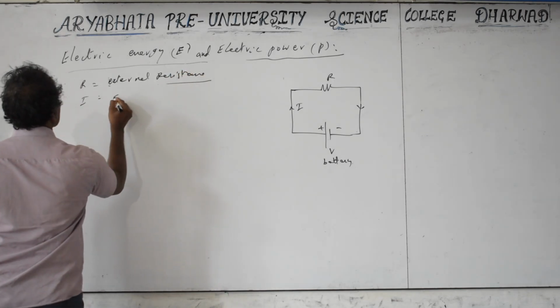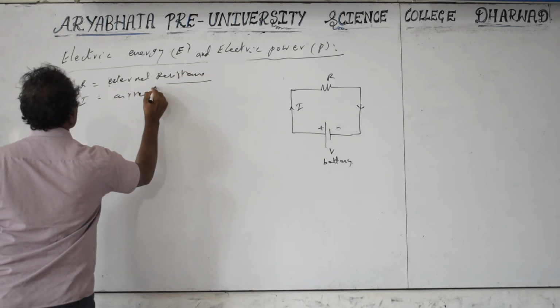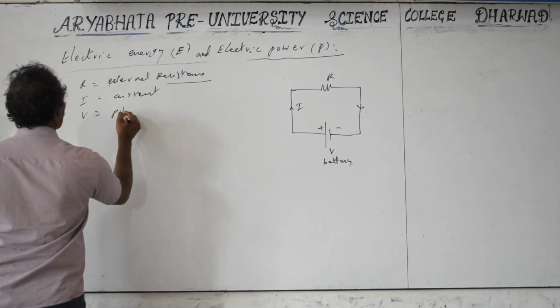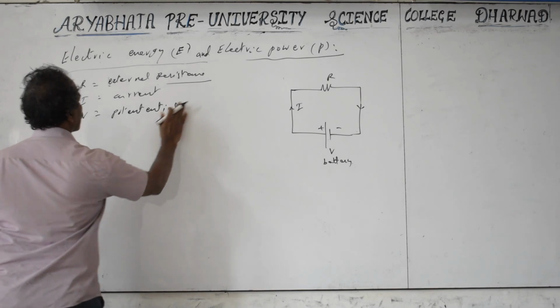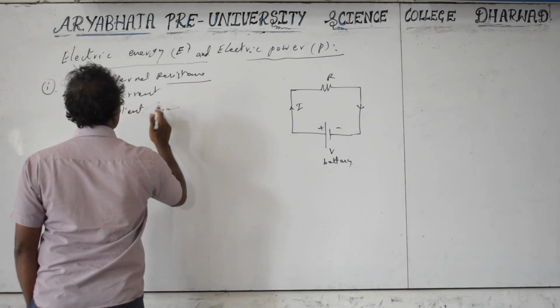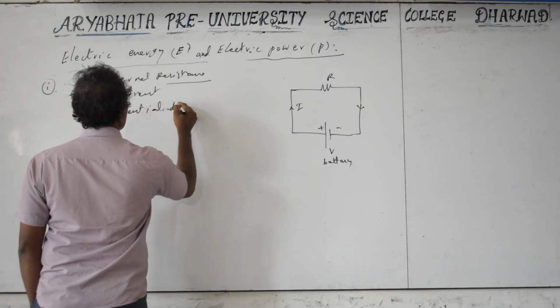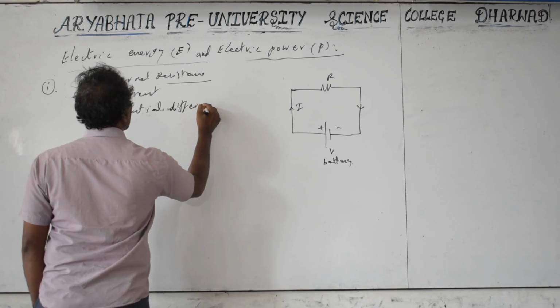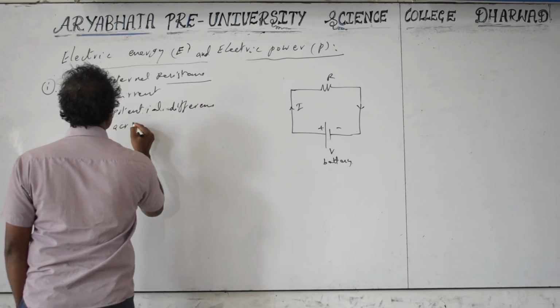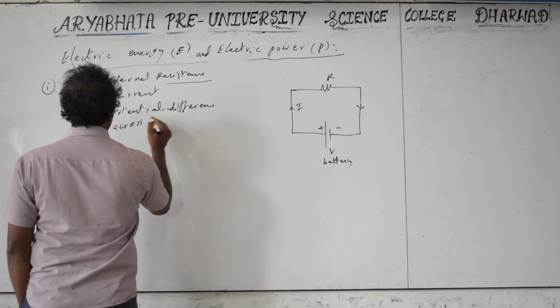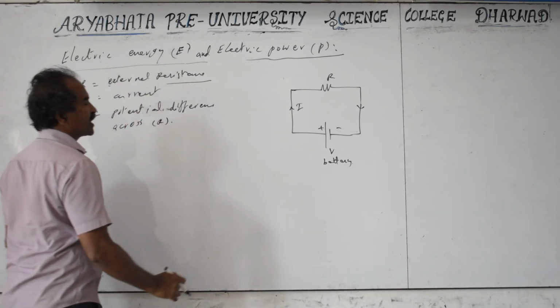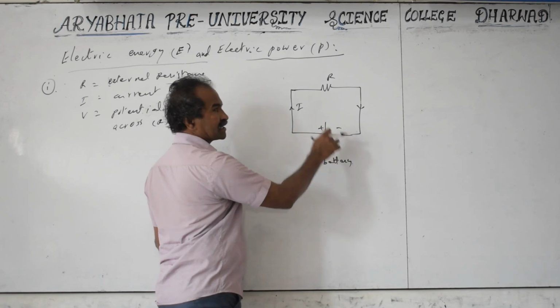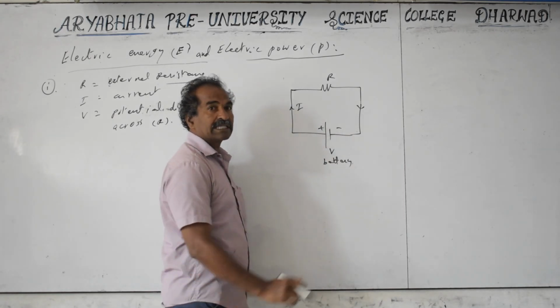I is current. V is the potential difference across resistance R. This is outside the cell, so it's called external resistance, because the cell also has resistance inside its material, called the internal resistance.